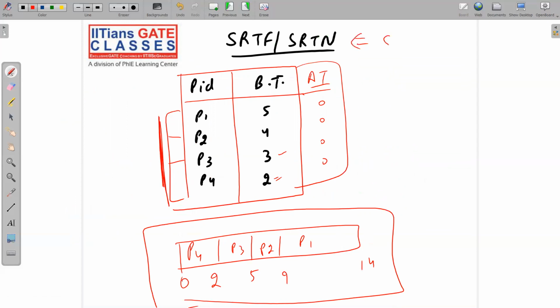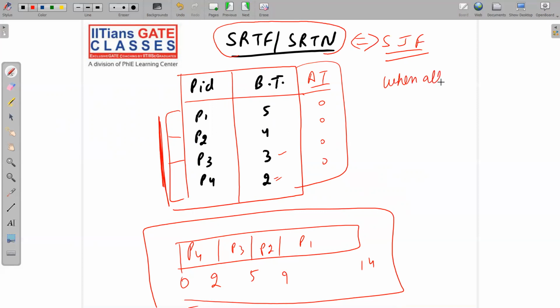This is nothing but your SJF, shortest job first. So when all the processes are present, or when arrival time is missing, then SRTF or SRTN will behave like your SJF. Let me write it.